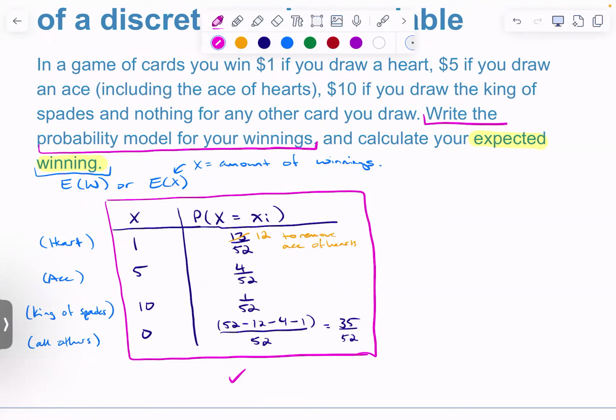Just in general, the expected value of x is the sum of your xi's times the probability that x equals xi. So you want to take this column, multiply it by its probability, and keep track, because then you're going to add those all up.